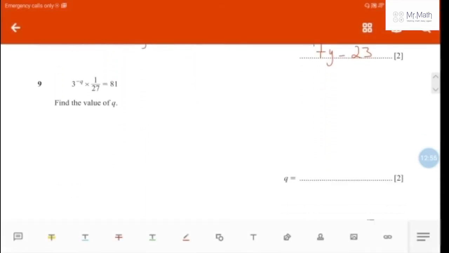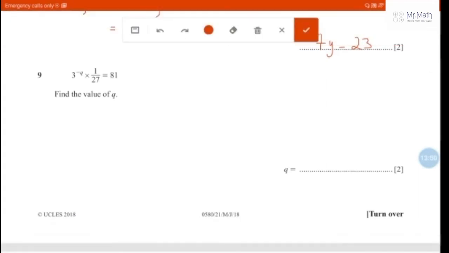Now in question 9, I have 3 to the power of negative q times 1 over 27 equals 81. I have to find the value of q. This is an indices question, and in order to find the value of q, I have to make the bases equal.